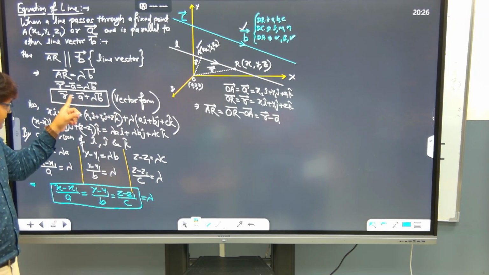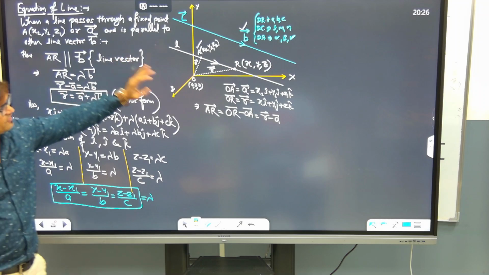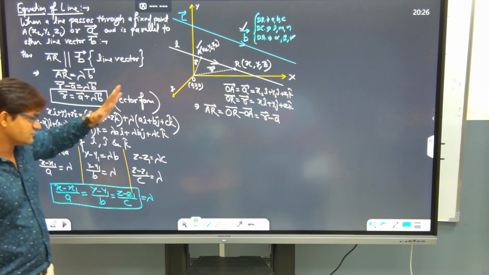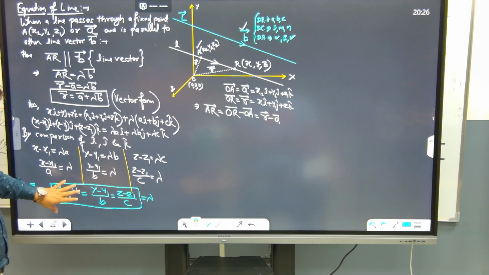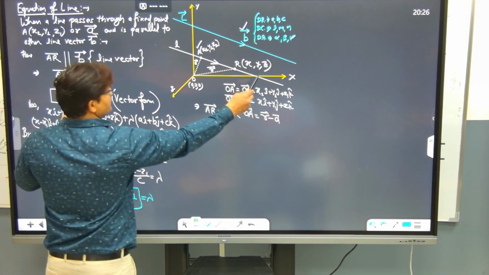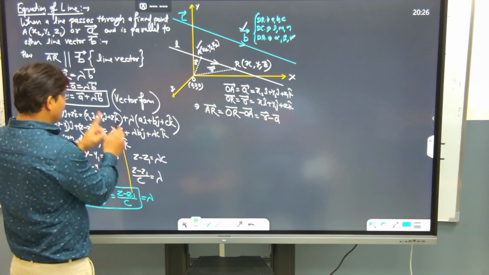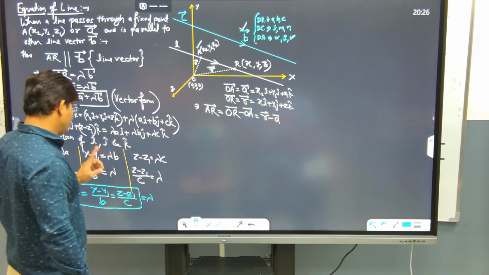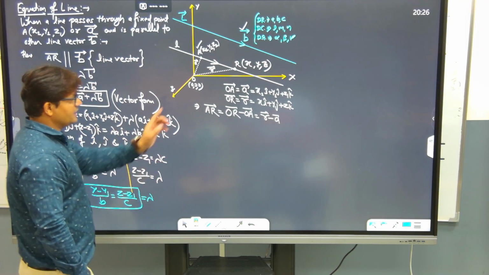Here we are using the vector terminology by comparison of i cap, j cap, k cap, then we have our relation in x, y, z. So this is our Cartesian form. But we can represent this r vector, meaning the point, as x1 plus a lambda, y1 plus b lambda, and z1 plus c lambda.